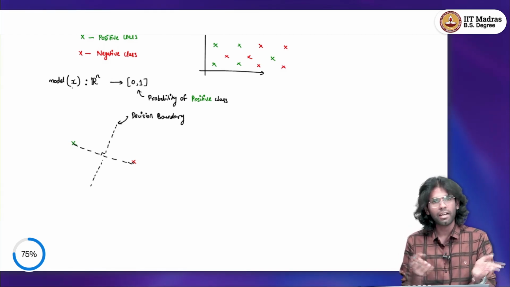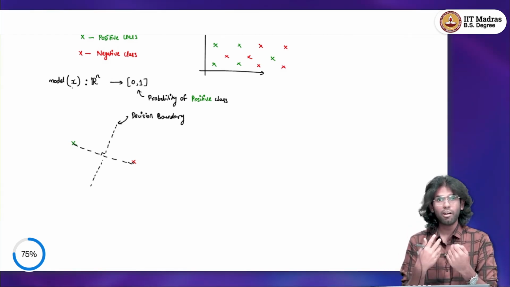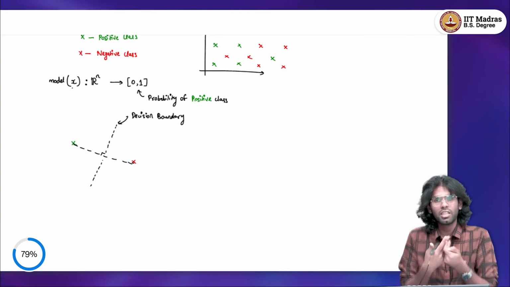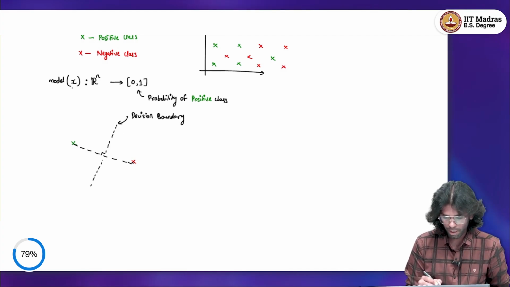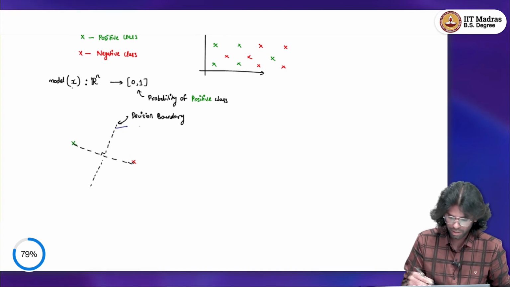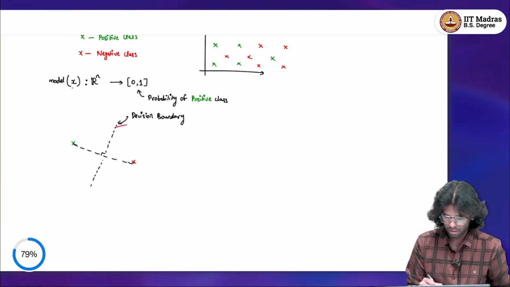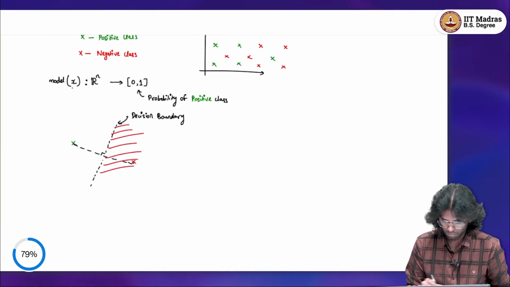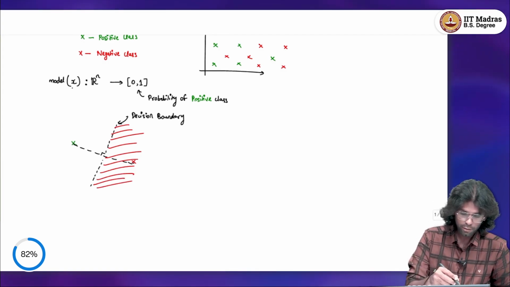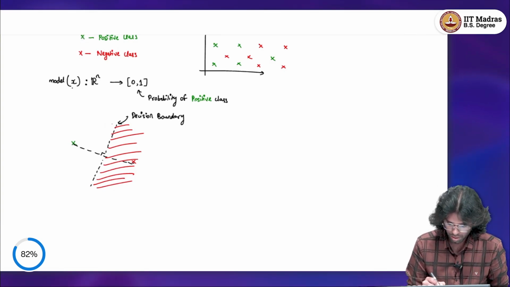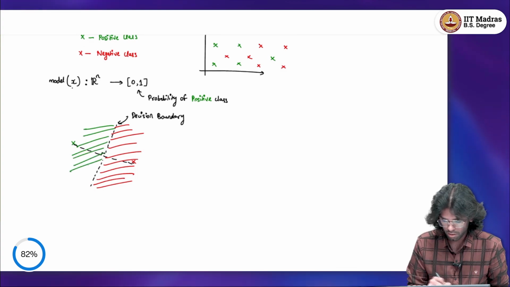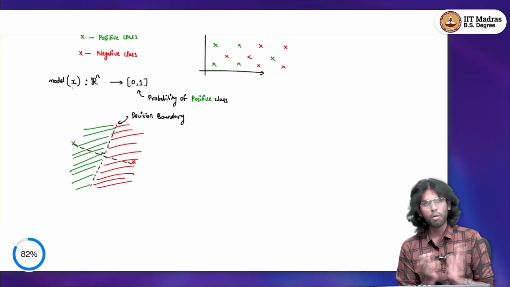It's equivalent to calculating the distance and checking, but another way of describing the behavior of the model would be: if my points occur to the right of the decision boundary, I will classify them as negative or red. So this is one side. The other side would be, if it's coming on the other side of the decision boundary, it would be the positive class. So all points over here will be classified as positive.